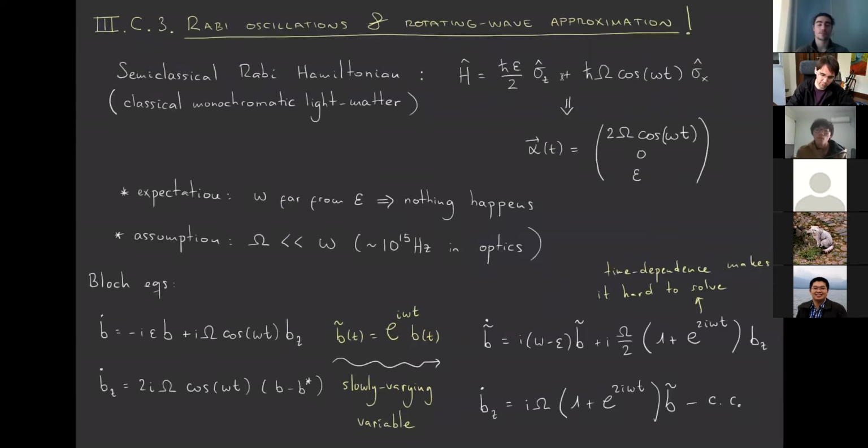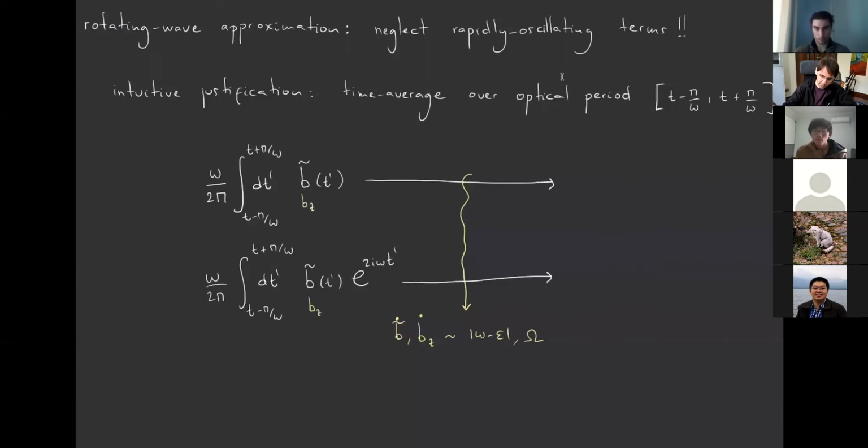So as you have here, this is the expectation. The expectation is that B tilde and B tilde star go as omega minus epsilon or capital omega. And then we expect this term not to do too much damage. And I give you the reason why here: these two frequency scales, omega minus epsilon and capital omega, are way smaller than the frequency omega.